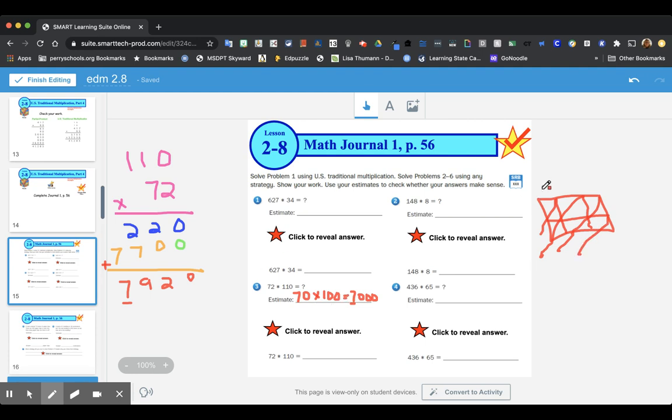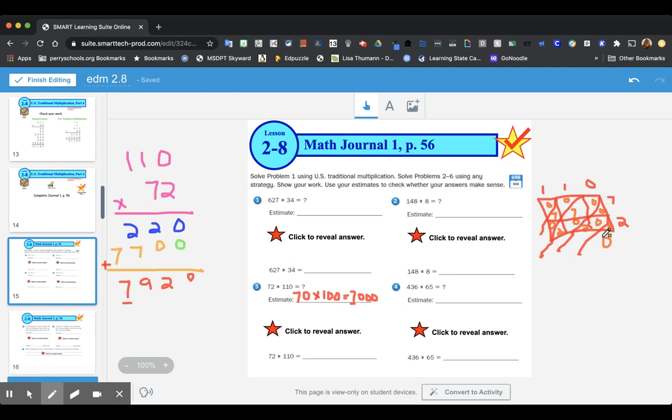So I'm going to do 110 times 72, and I'll change the color here so we can see that better. These should be zeros because anything times 0 is 0. And then we've got our 7 over here because 7 times 1, and again, 7 times 1. And then 1 times 2, and then 1 times 2.